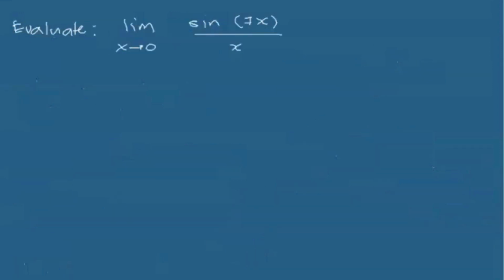Okay, another similar problem. Find the limit of sine 7x over x as x approaches 0. Again, we have a 7x instead of just x. So we again manipulate this by multiplying the numerator and denominator by 7 over 7.